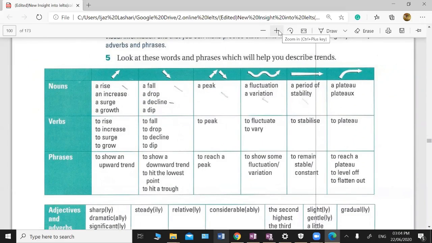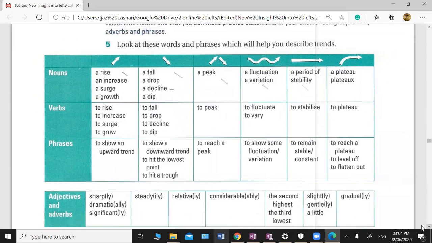You need to have a variety of words, right? And as you see on the screen, these words were used in different categories: words used as nouns, verbs, phrases, adjectives, and adverbs. These are the words which we will be using today in our writing.